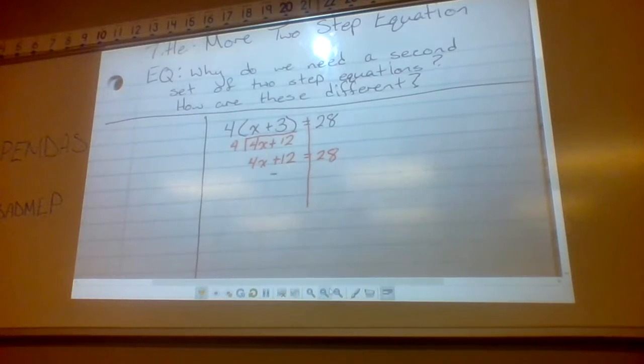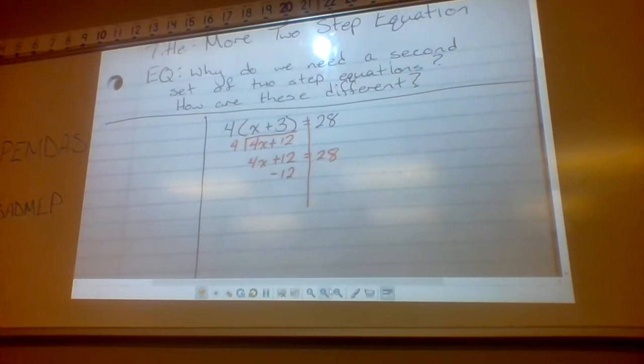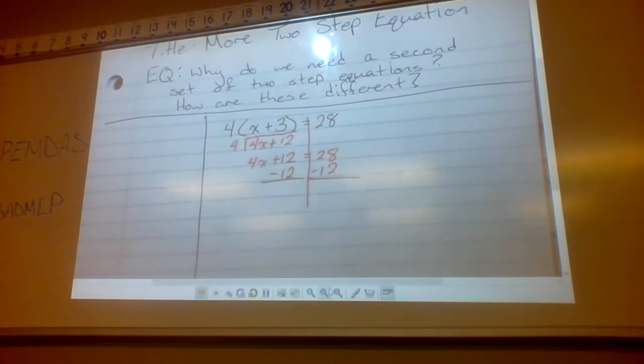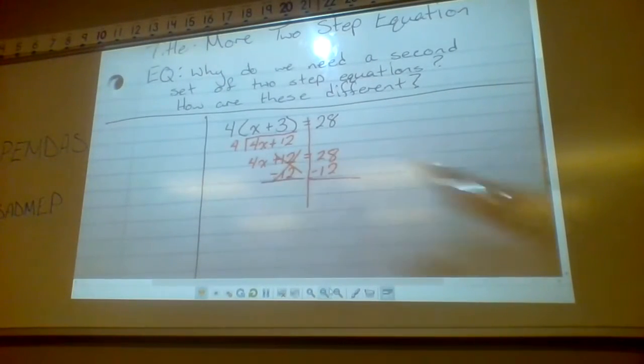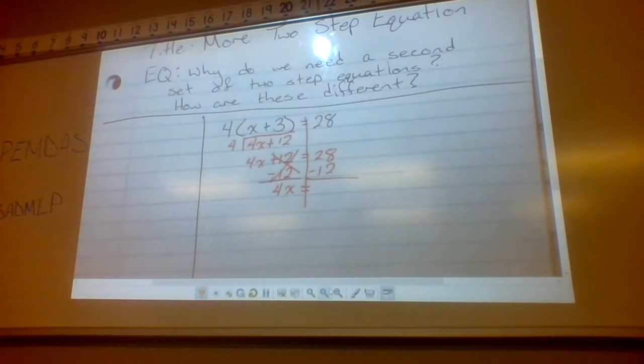Subtraction. What are we going to subtract? Minus 12. What you do to the left, do to the right. What was the whole point of subtracting that 12? To get rid of it. So now we have 4x equals, what is 28 minus 12? 16.